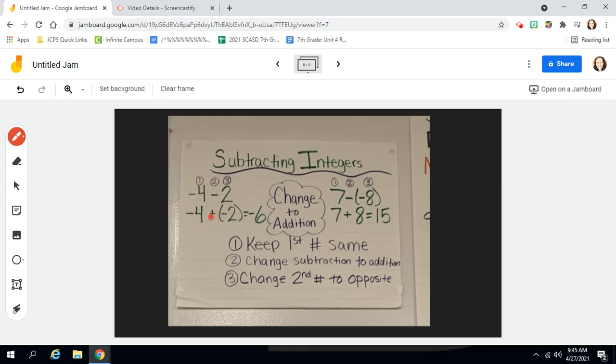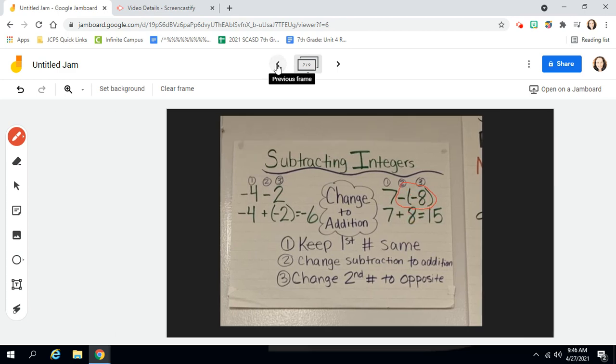Instead of subtracting, we add, and we add the opposite of the positive 2, which is -2. Here we would do 7 minus -8. Well, we change it to addition. Instead of subtracting -8, we add positive 8. So basically, we're doing the opposite of the last two parts of our problem. We would add 8.